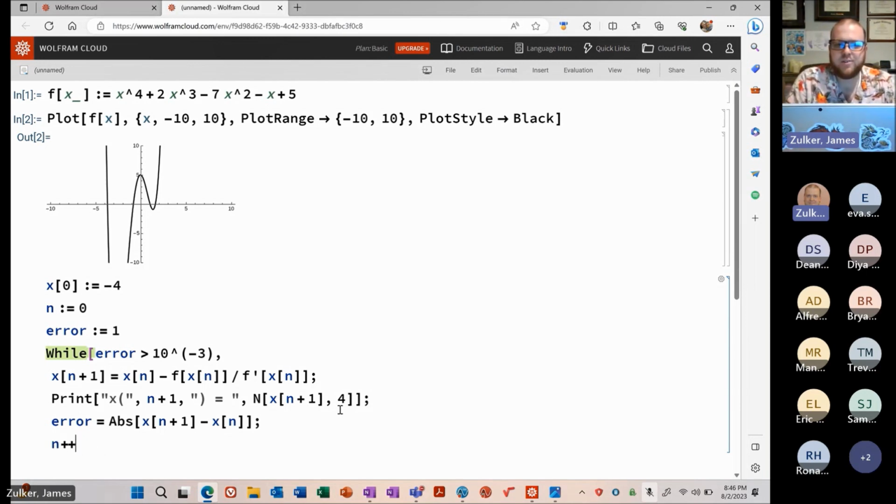You can just do n plus plus and it'll add 1 to n. Now it's the end of the body, so it's going to check the test again. If the test fails, it stops. If the test doesn't fail, it'll repeat this process.